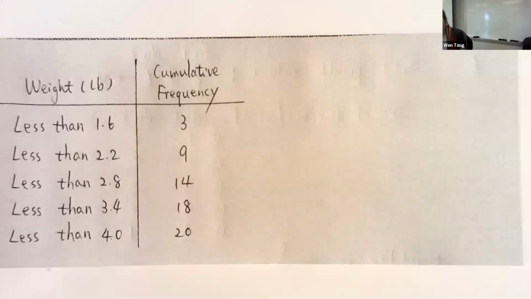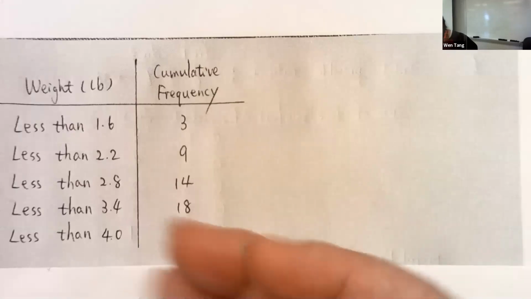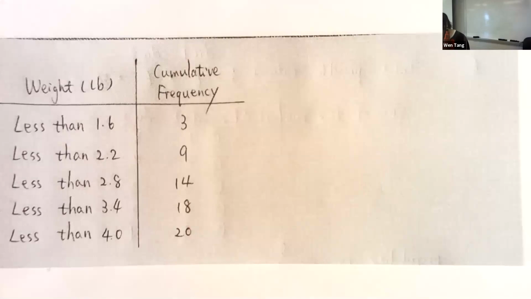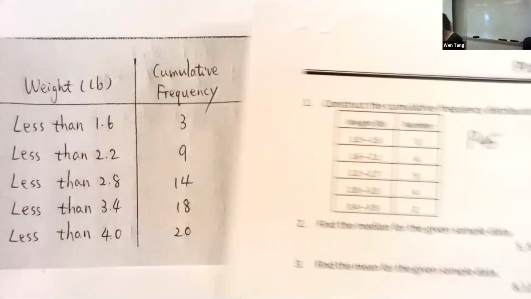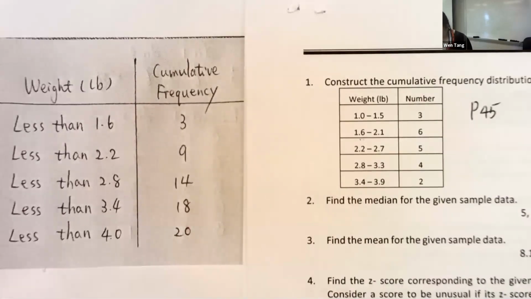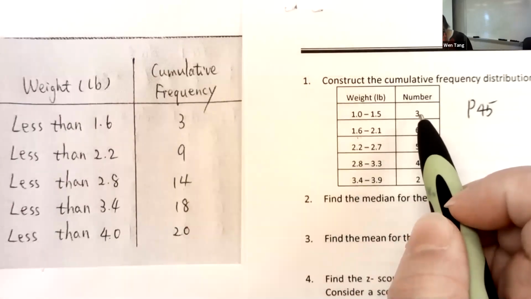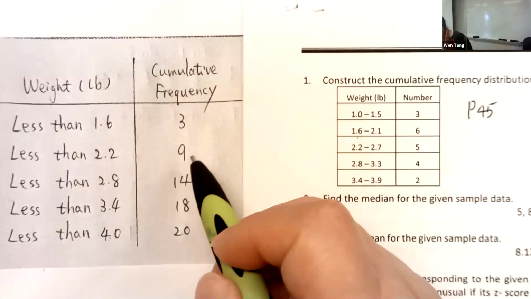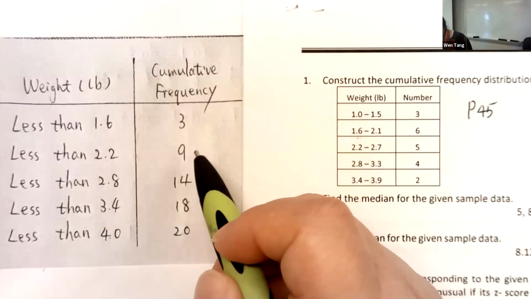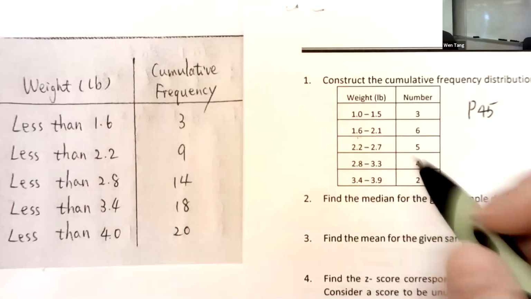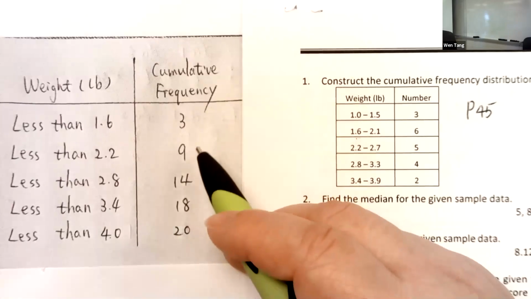Okay, and another column, because we are constructing the cumulative frequency. The first frequency is still the same as the original table. It's still 3. But from the second one, we should get the cumulative frequency, which means the frequency is cumulative.